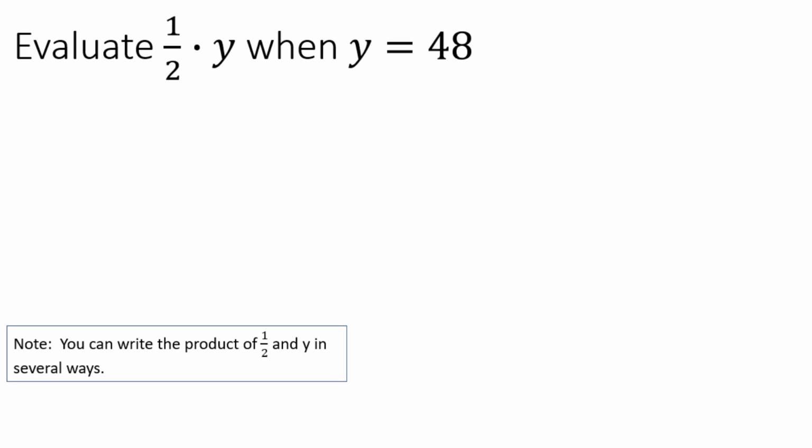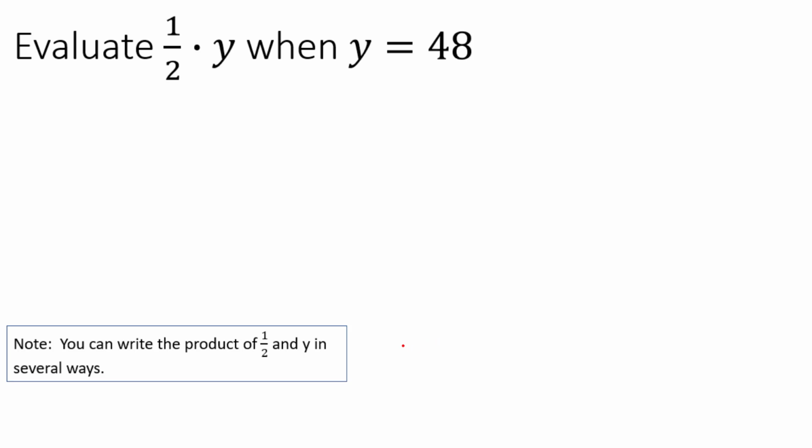Let's look at this problem. Evaluate 1/2 times y when y equals 48. Before we begin, I just want to talk about multiplying in algebra. You can write the product of 1/2 and y in several ways.